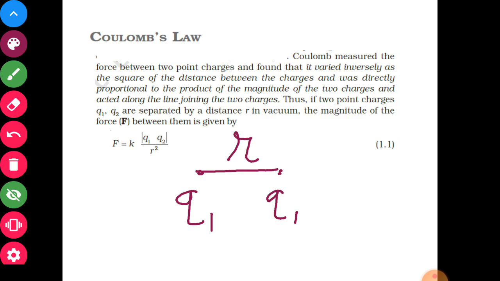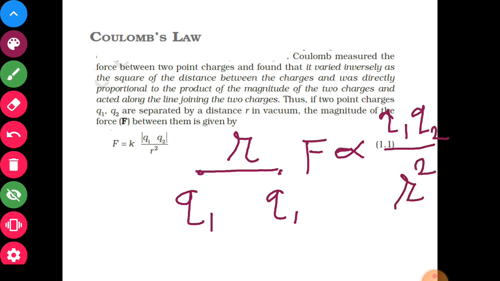Okay, unlike charges will attract and like charges will repel. So force will be directly proportional to the product of the charges, that is q1 q2 upon r square, that is inversely proportional to the square of the distance between them, as we have studied this in our gravitational force between two objects, that is F is equal to m1 m2 upon r square, where one constant was kept. That constant was universal constant of gravity. So F is equal to G m1 m2 upon r square, that we have studied.